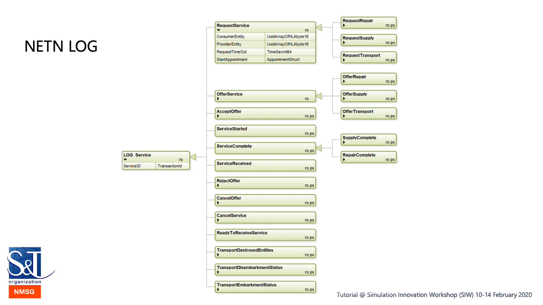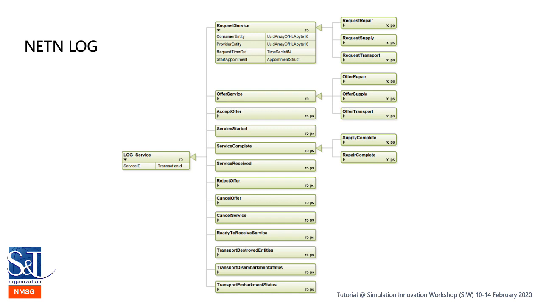So the FOM module consists of a root interaction class and a number of subclasses to capture all the interactions between the federates in order to support the pattern that we saw in the previous slide. So you request something, you offer something, you accept the offer, you have indications of when the service started, and if you cancel the service, you'll have interactions for that and a way of handling cancellation of the service before starting delivering it or during delivery.